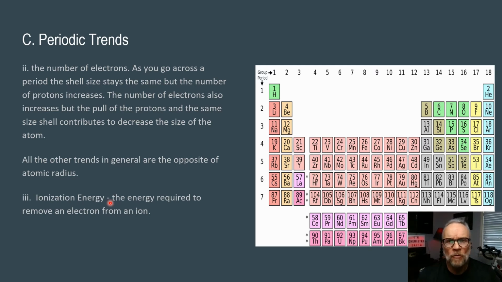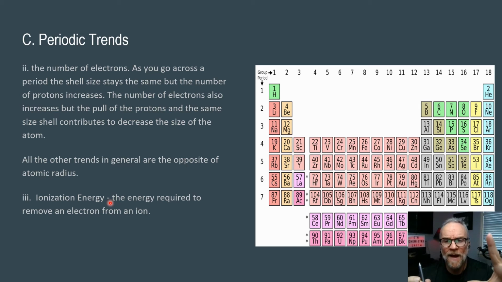And the first one we're going to talk about is ionization energy. And ionization energy is the energy required to remove an electron. And so they talk about first ionization energy and second ionization energy. The first ionization energy is the energy required to remove one electron.